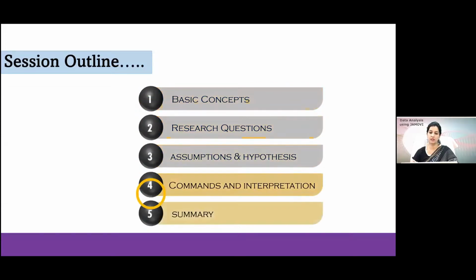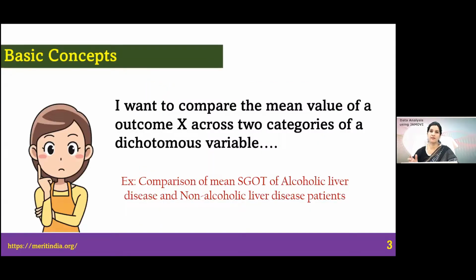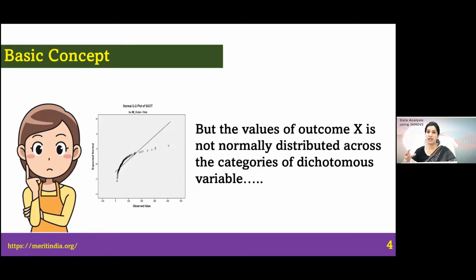So again, we learn all these things. If there are many variables which are not normal, and you want to compare the mean value of an outcome variable across two dichotomous groups, like maybe the mean SGOT in alcoholic liver disease and non-alcoholic liver disease patients, but the value of this outcome variable is not normally distributed.